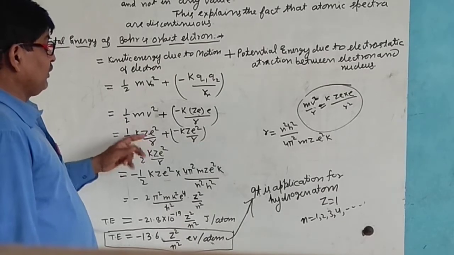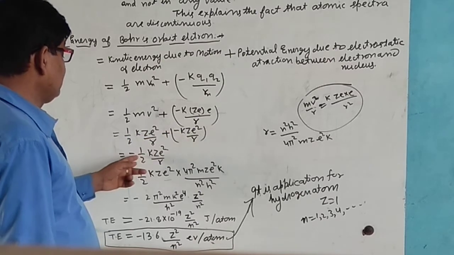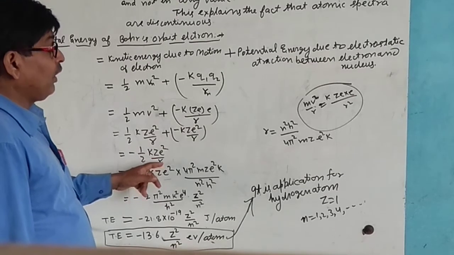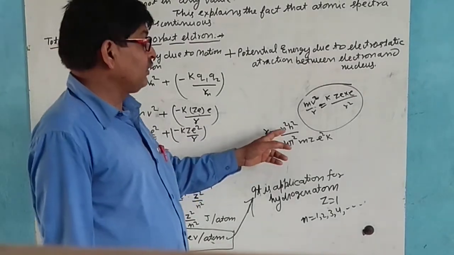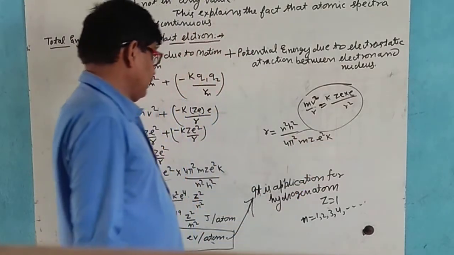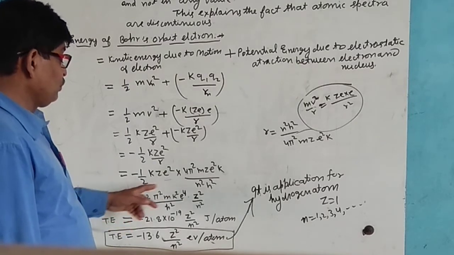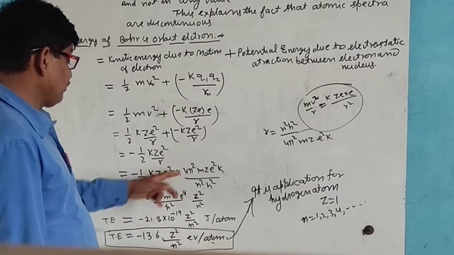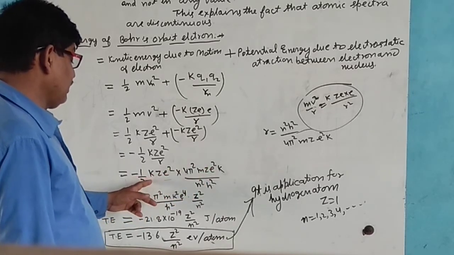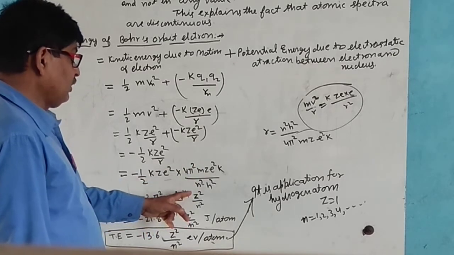Putting the value of R equal to n square h square by 4 pi square m Z e square K, we get 2 pi square m K square e to the power 4 Z square by n square h square.